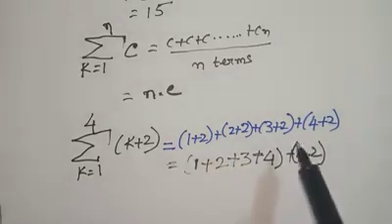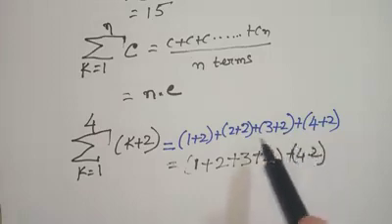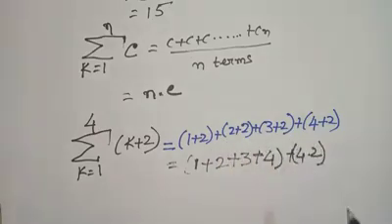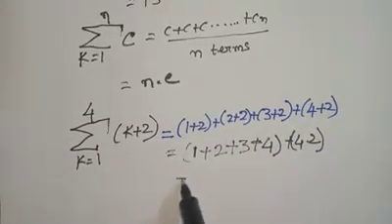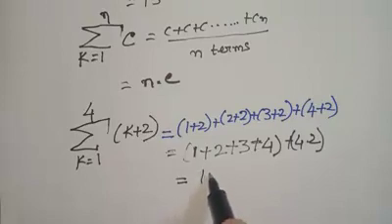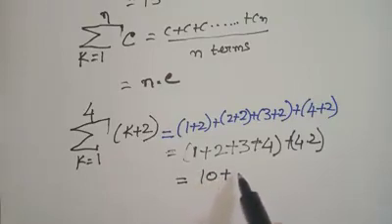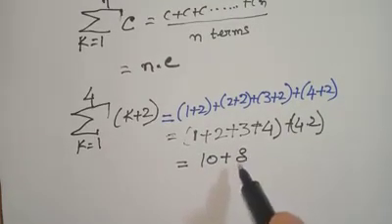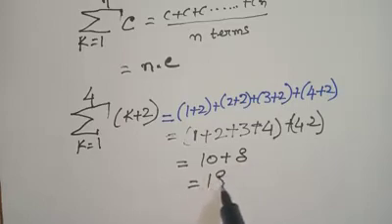Now it is quite simple. We can solve it as 10 plus 4 times 2, which is 8, and the result comes to 18.